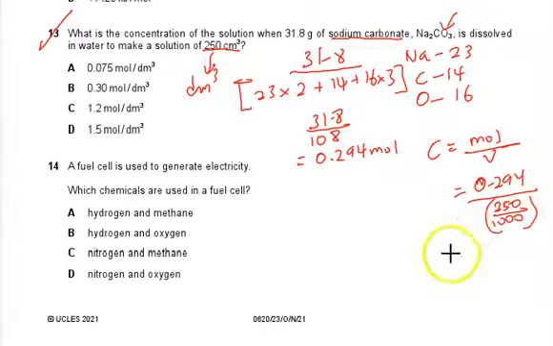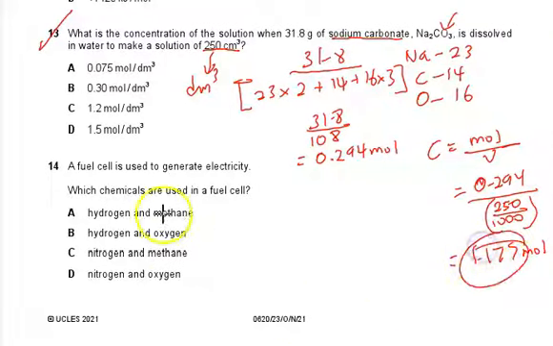That's why I divided with 1000. So I'm getting here the answer of 1.177 mol per decimetre cube. So we can simplify this as 1.2. So this is the answer for this solution.